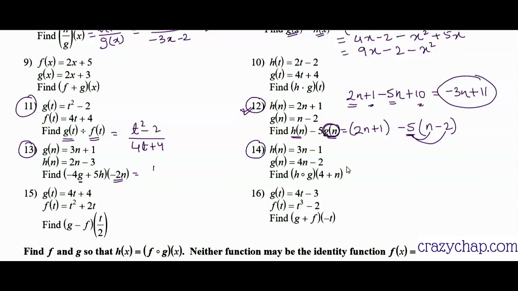So let me write it like that. I will write minus 4g. g of what? g of minus 2n. Correct? Like we used to have g of x, g of n. So here it is g of minus 2n. And then plus 5, the function is h. h of what? h of minus 2n.